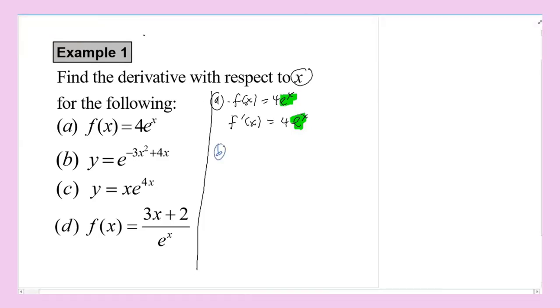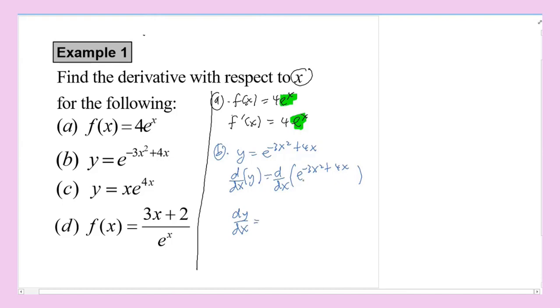So b. Okay, b is y equals e power negative 3x squared plus 4x. Please interrupt me kalau ada problem. So this one using the y. So differentiate y respect to x. Actually got dy dx je lah.